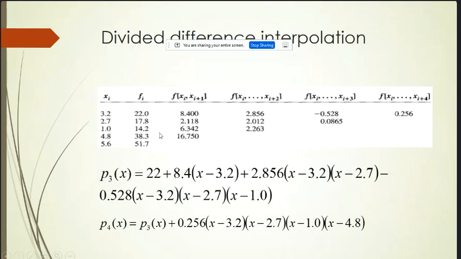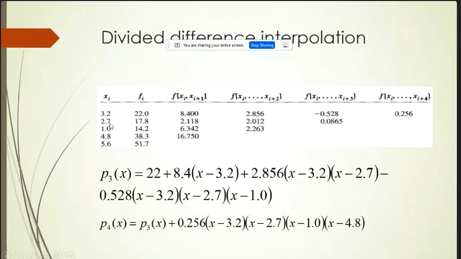For example, 8.4 minus 2.1 equals 6.3, divided by 3.2 minus 2.7.